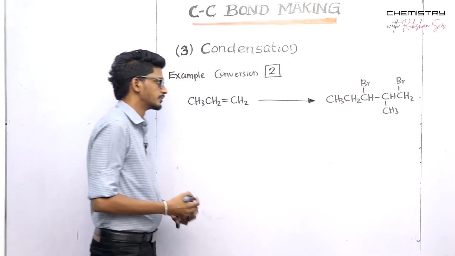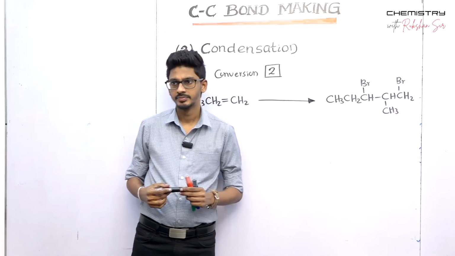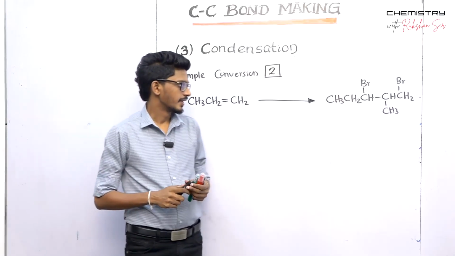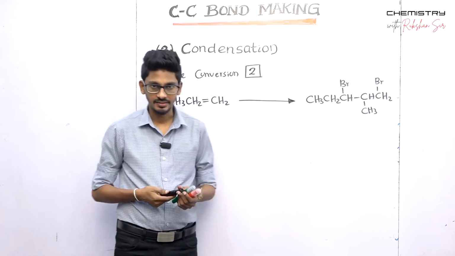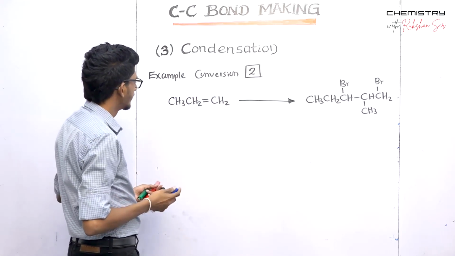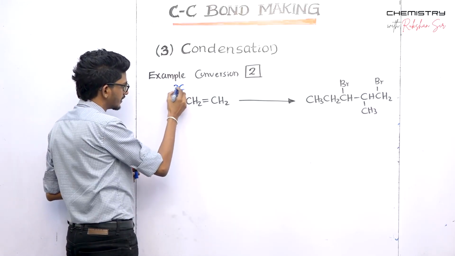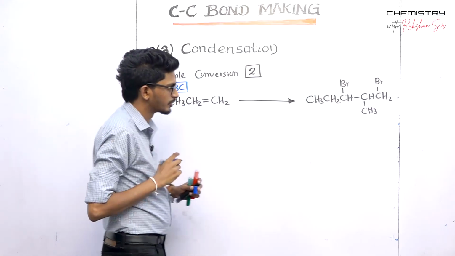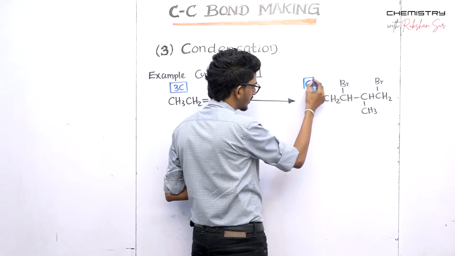With the use of one of the condensation techniques, let's do this one. First, let's analyze this one. Here we are starting with a 3-carbon compound, and we are supposed to come up with a 6-carbon compound.